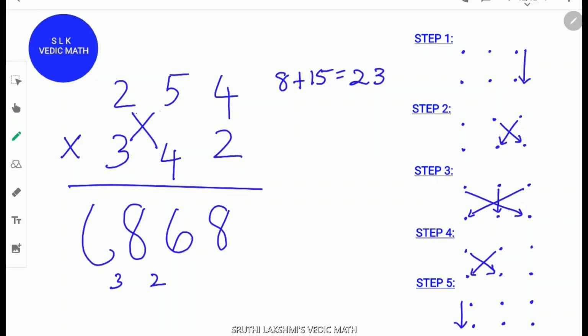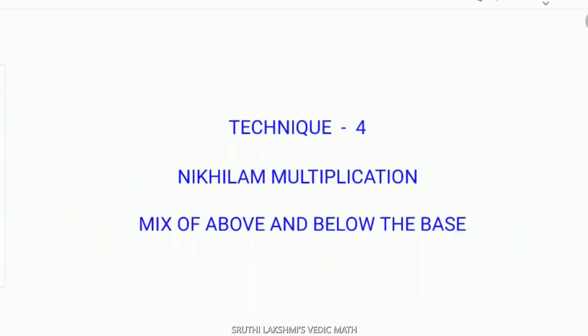So write down the 6 and carry the 2. Next, multiply 3 times 2 vertically. 3 times 2 is 6 and 6 plus the carry 2 is 8. So write down the 8. So 254 times 342 is 86,868.